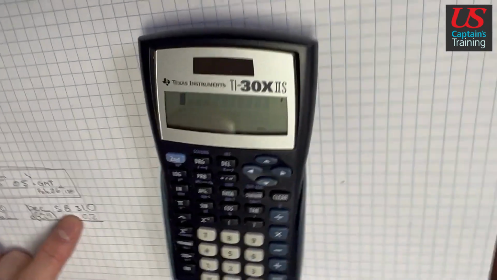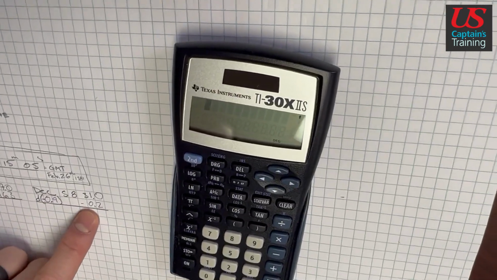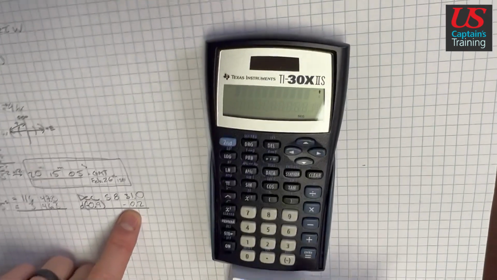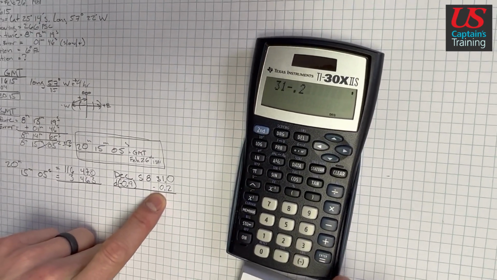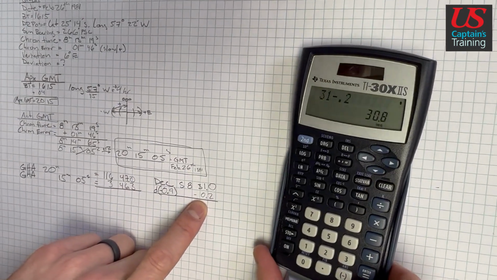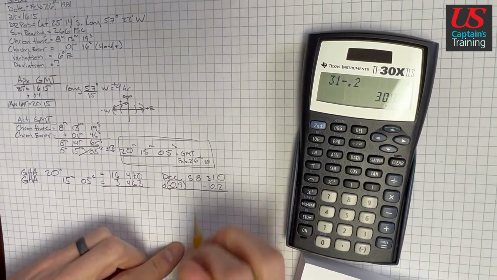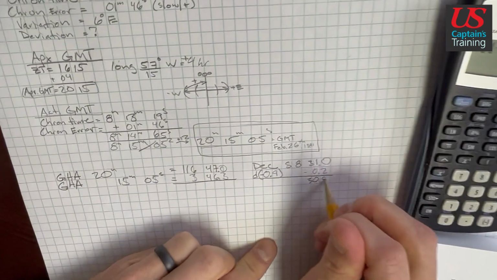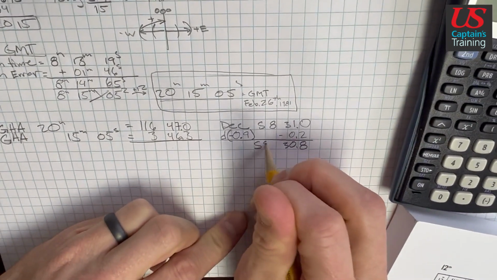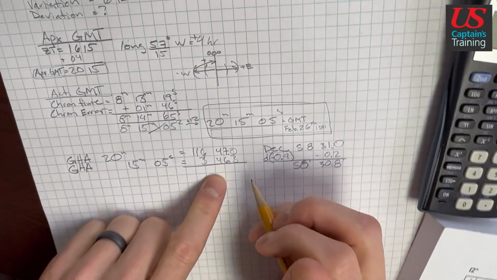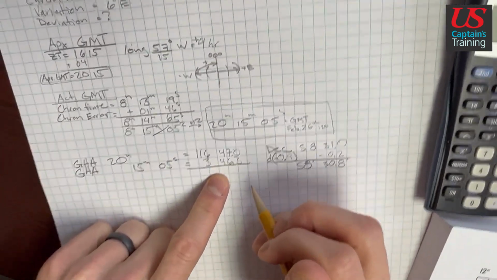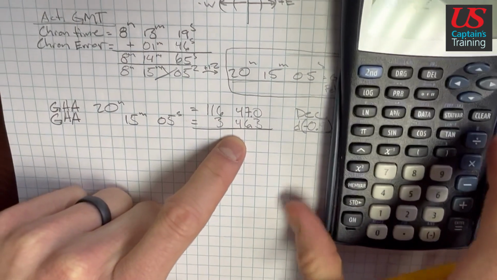So 31 minus 0.2 equals 30.8. South 8, 30.8.